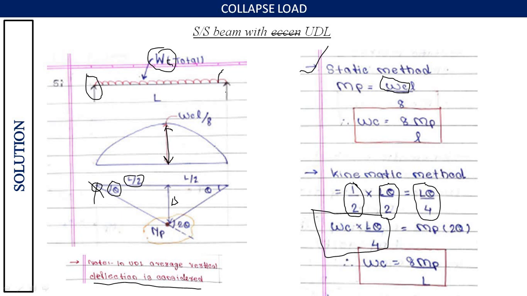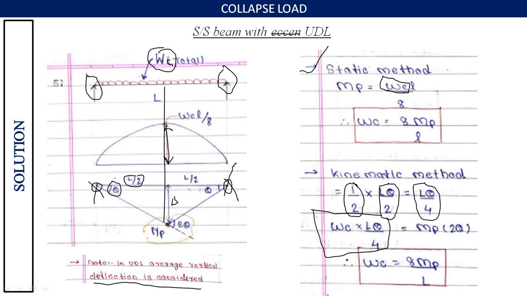Here also, it is simply supported, so at this point no hinge or no moment will be found. But at the center there will be an internal hinge, so the moment and hinge will be formed. So for internal work it will be MP 2 theta.